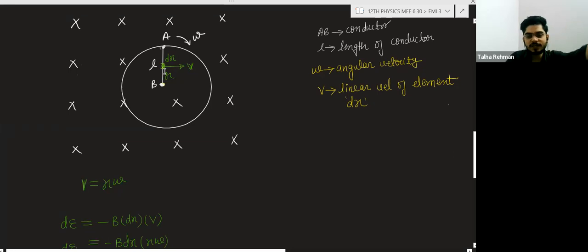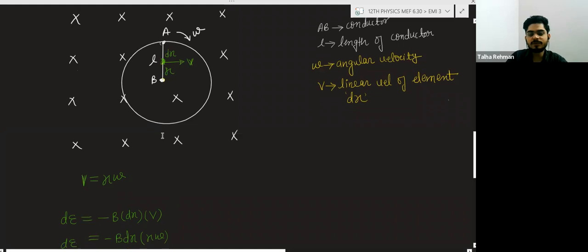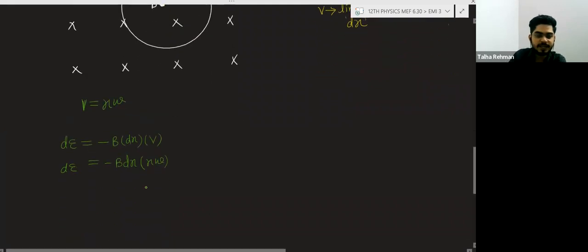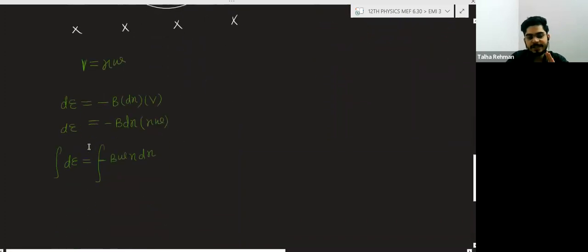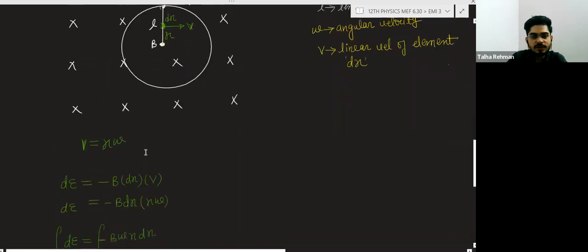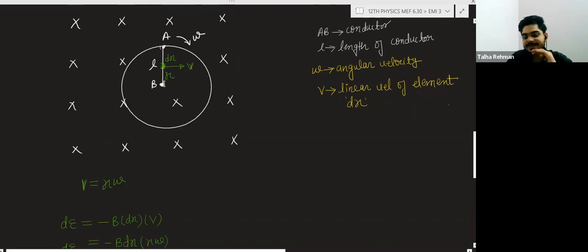For calculating the total EMF induced across the ends of the conductor, we will integrate this equation, dE equal to minus B omega x dx. There will be limits of the integration, since here x is changing.